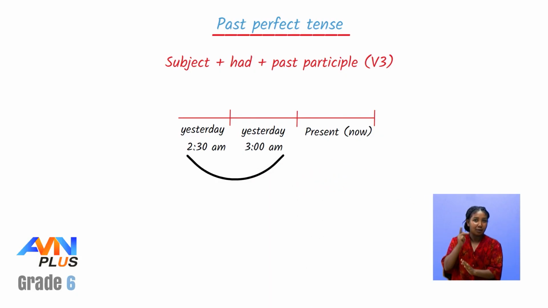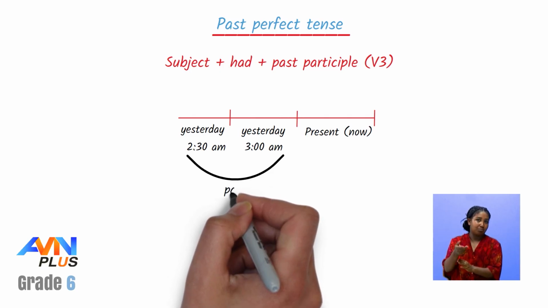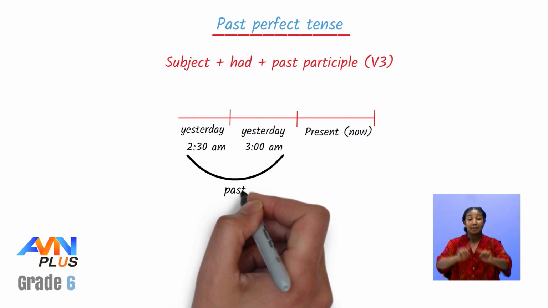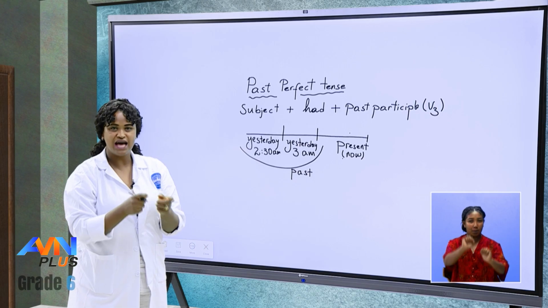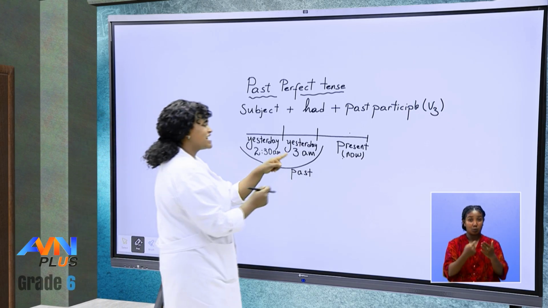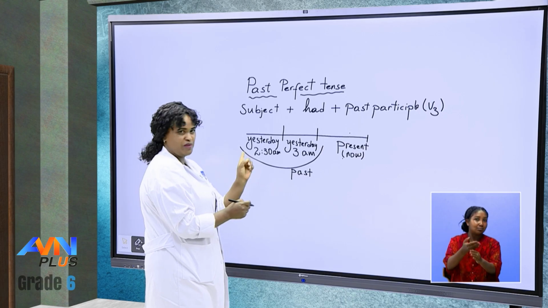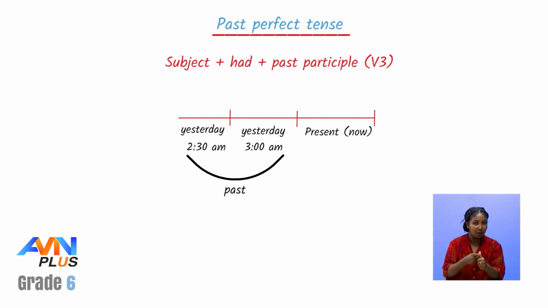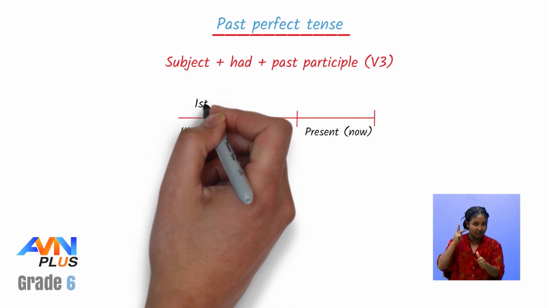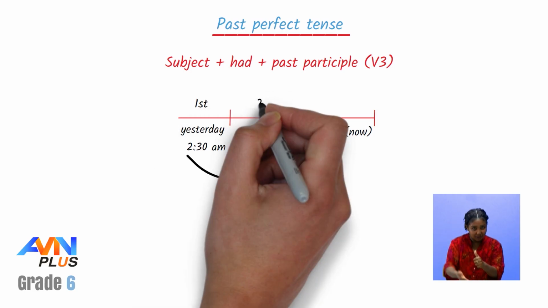These are both what? Past. But when we compare according to the time, this one is a recent past and this one is what? Yes, the first past. This one happened first, and this comes second.